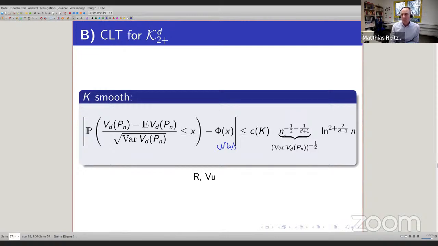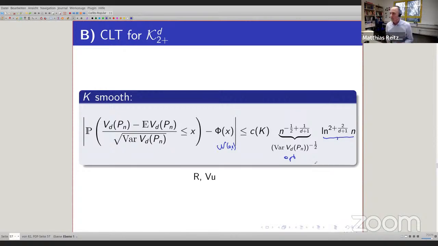And what you expect on the right-hand side is something like the variance to the power -1/2. This here would be optimal. And then we get here an additional error term. And this comes from the floating body approach we are using. If you use the floating body approach, then you can't do better.